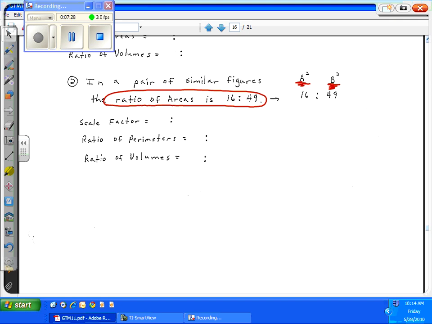So the formula for the ratio of areas is A squared to B squared, where A, B is the scale factor. So to get A, we would have to take the square root, okay? Basically what we have is this.